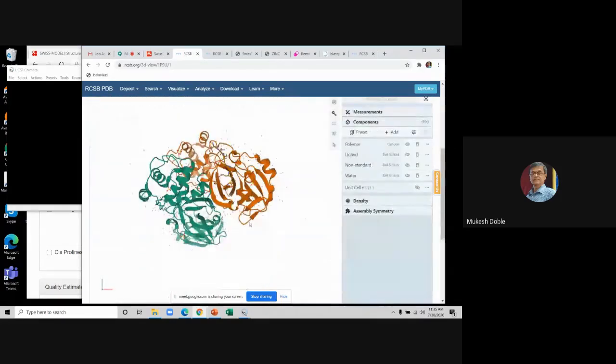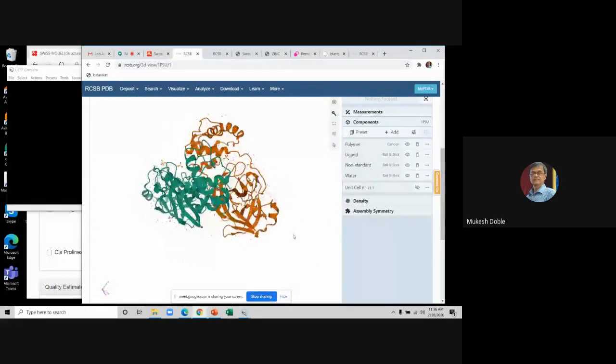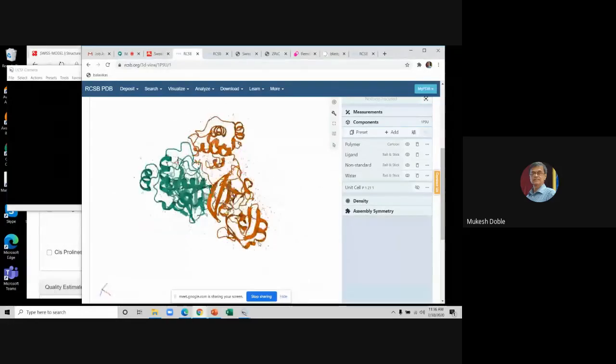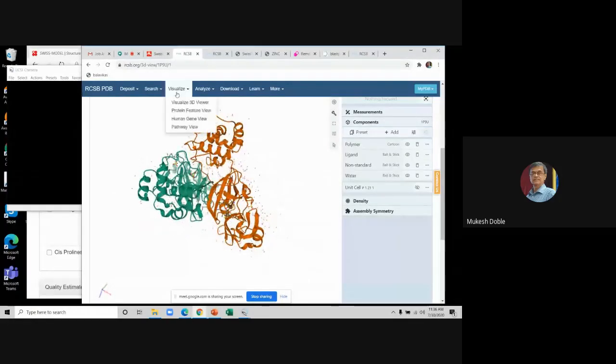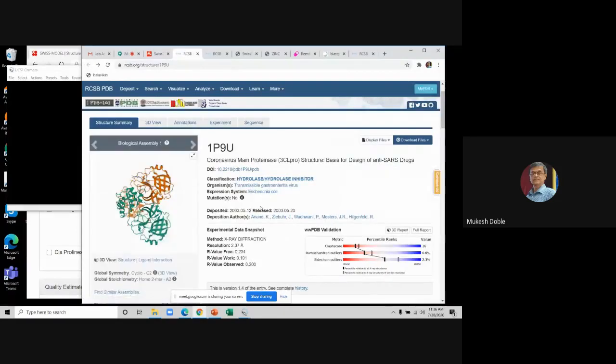coronavirus. You can see this. This protein is a coronavirus main protease. There is another protease called PL protease, also papain-like. This is a 3CL protease.